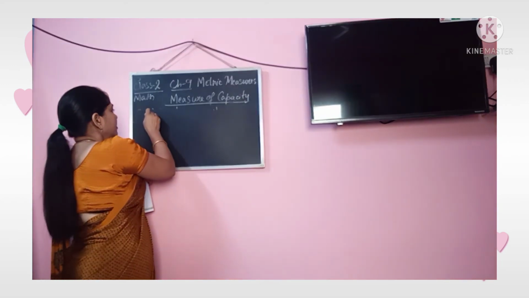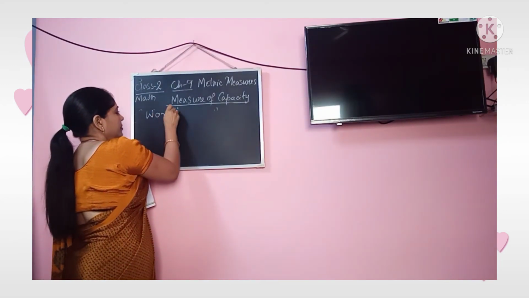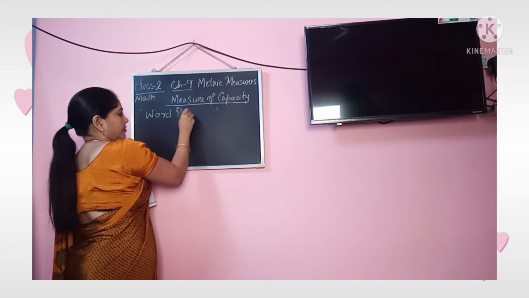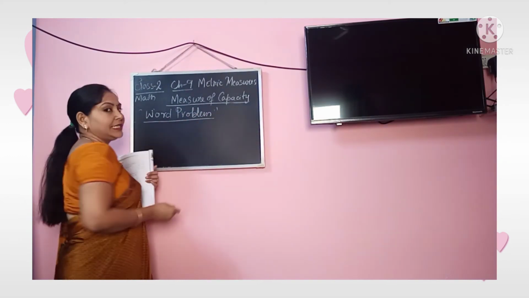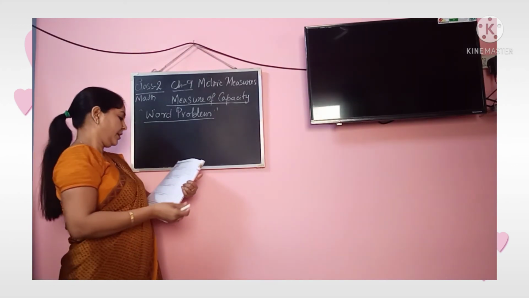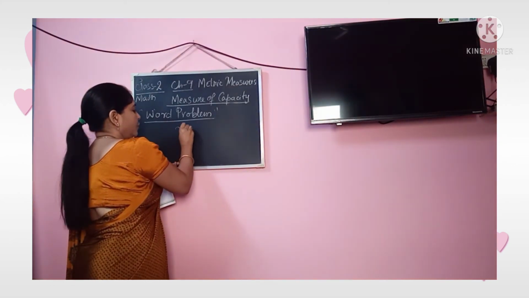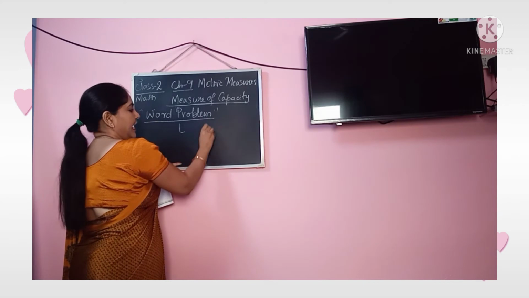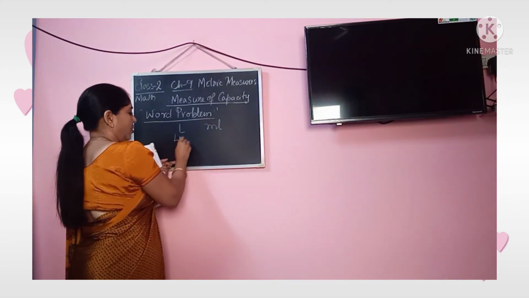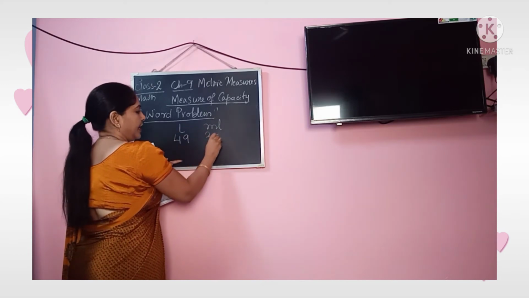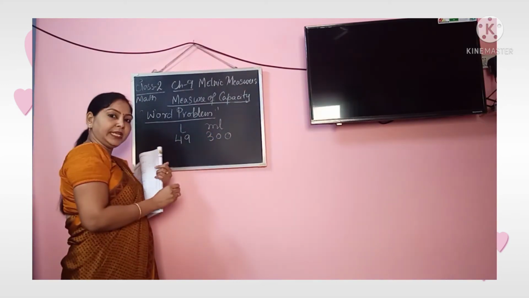Okay. So in the word problem, the second one you have to add. How will you do that? Make two columns, liter and milliliter. The first one is 49 liter, 300 milliliter, which was already there.